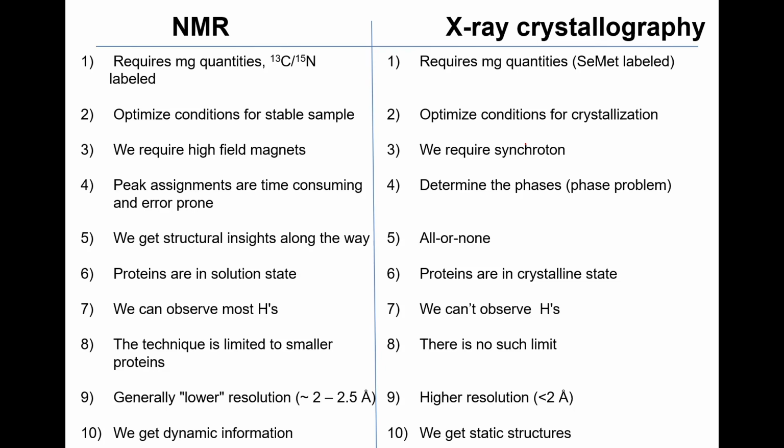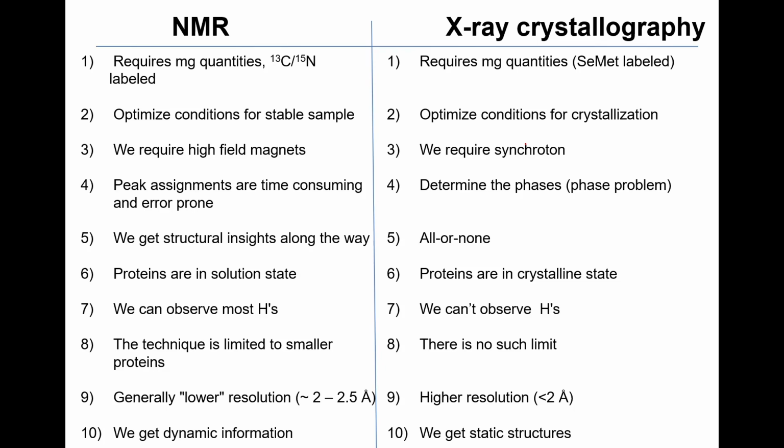Then, as I discussed, X-ray crystallography requires years to screen the conditions that will be ideal for the formation of your three-dimensional crystals. Similarly, in NMR, you need to optimize the conditions, as 14N and 12C are not NMR active.